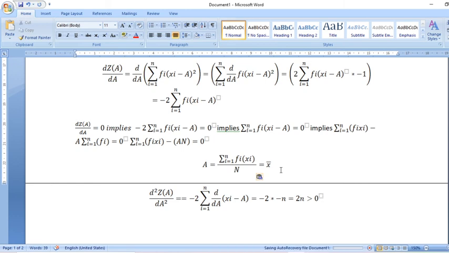So after differentiation we see that the point of minimum or maximum is a equal to x bar. Now we verify whether this point is maximum or minimum.